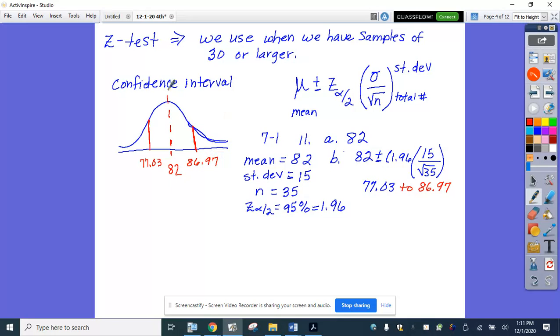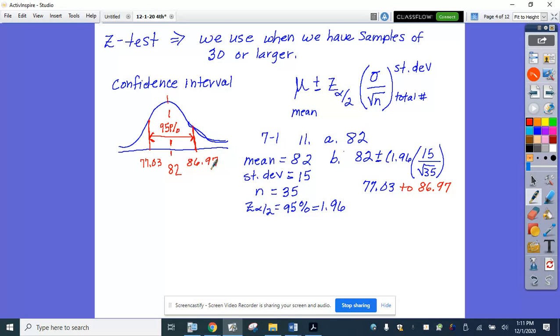So what that means is that if I redo this experiment of 35 fifth graders, 95% of my averages, when they come back, are going to be somewhere between 77.03 and 86.97.